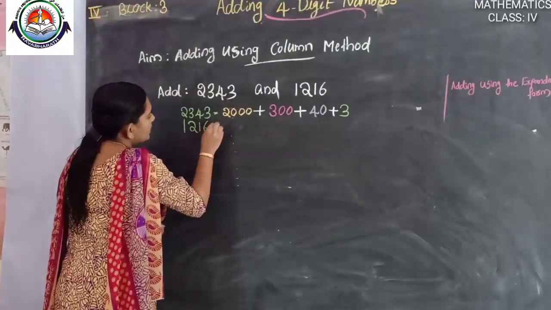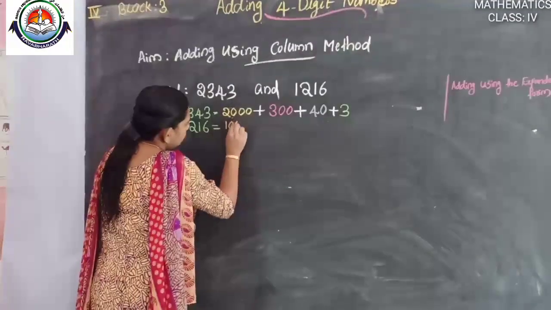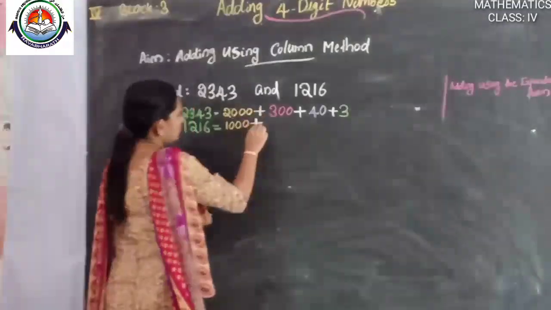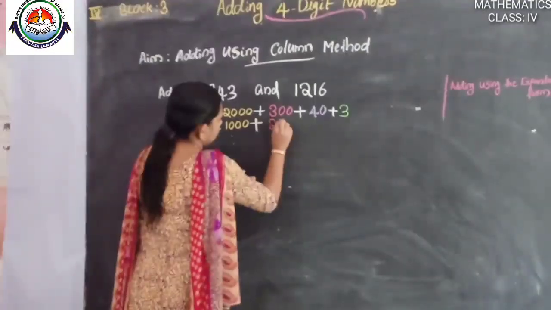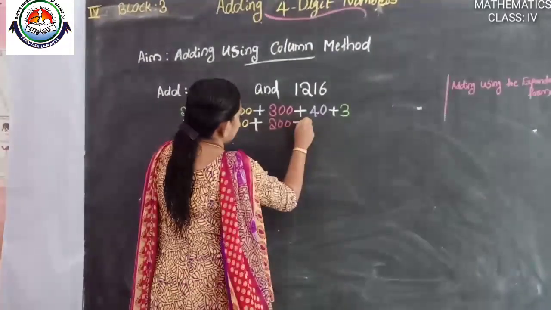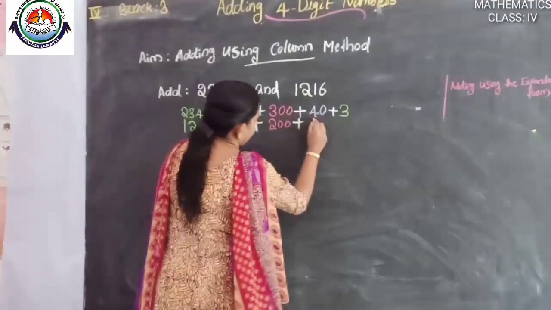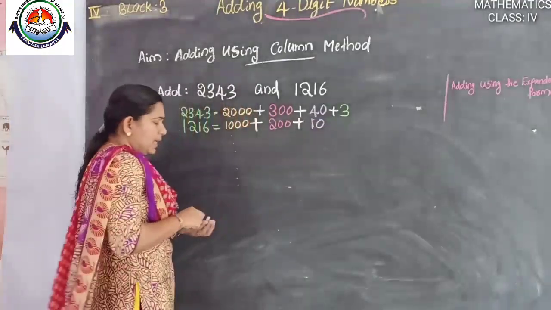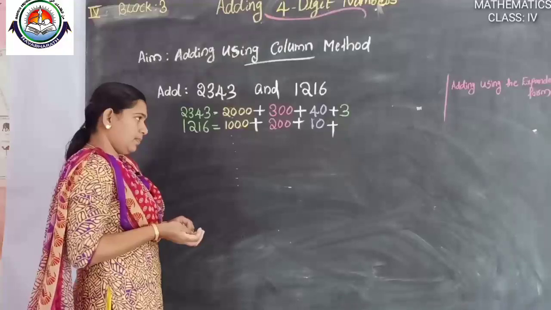Okay. Next number. The second number is 1216. How do we expand this number? 1000 plus 200 plus 10 plus 6.